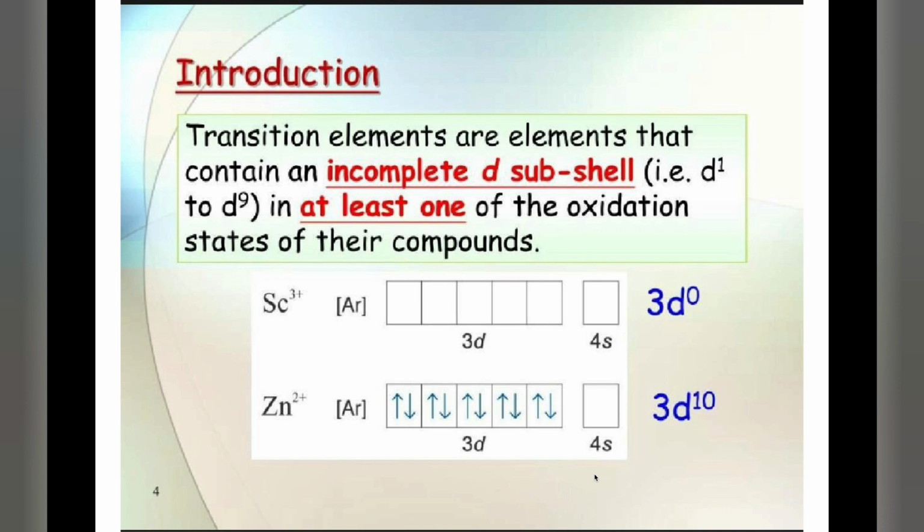It is 3D0, so it is not an incomplete D subshell. And also for zinc, you can see that the oxidation state is 3D10. So, here the elements have an incomplete D subshell.